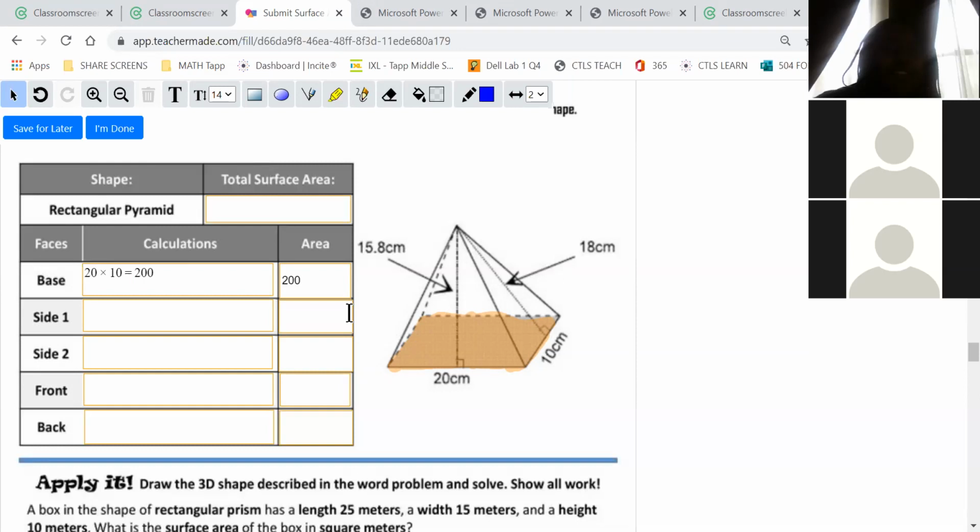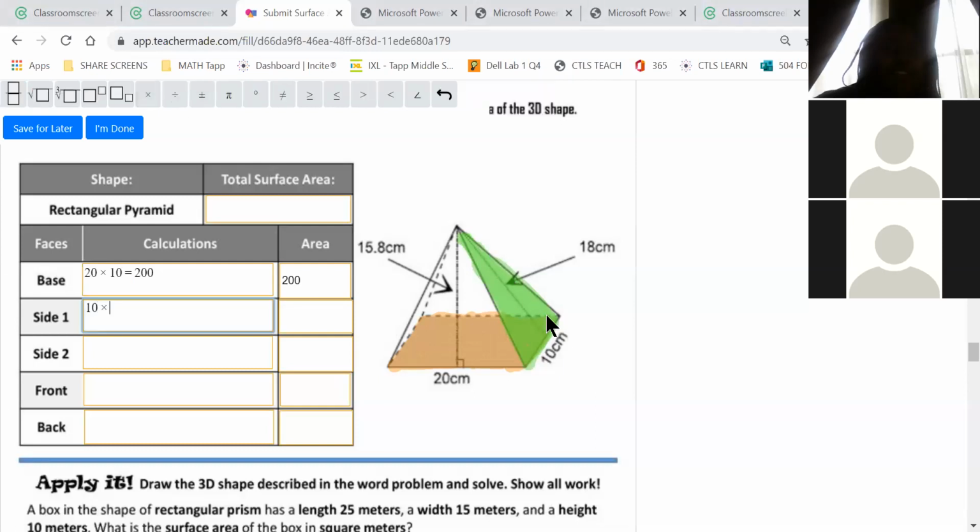I'm going to highlight it again for you. All right, so when we're looking at this triangle here, I see the base is 10.